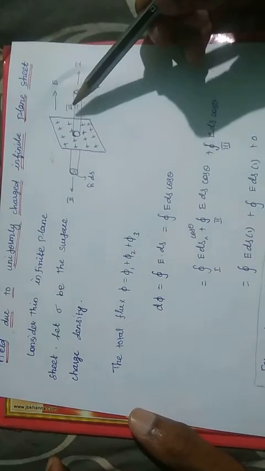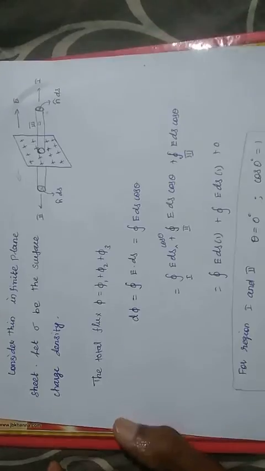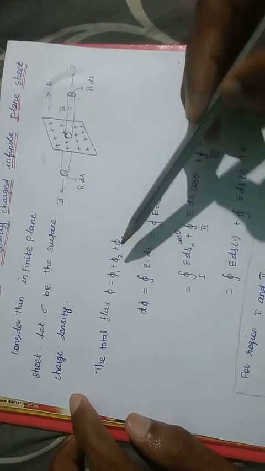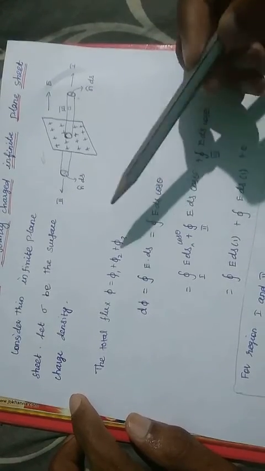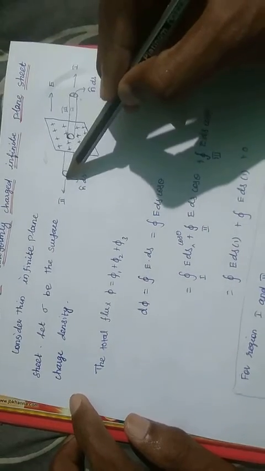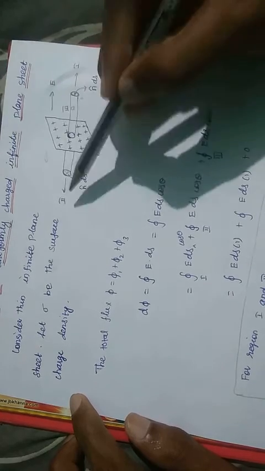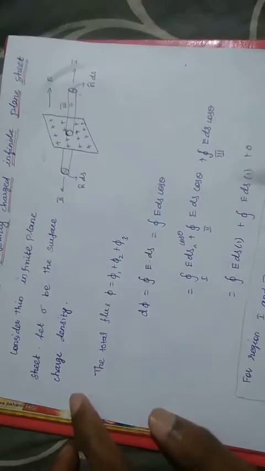So I'm going to find the total flux, that is the flux through each of the surfaces. The total flux can be written as phi, which is equal to phi 1 plus phi 2 plus phi 3. The phi 1 corresponds to surface 1, phi 2 corresponds to surface 2 and phi 3 corresponds to surface 3.